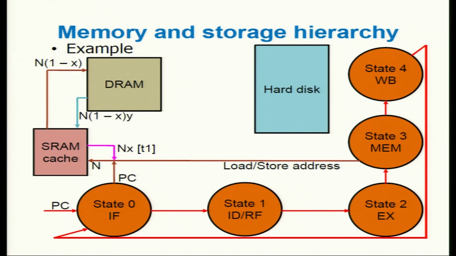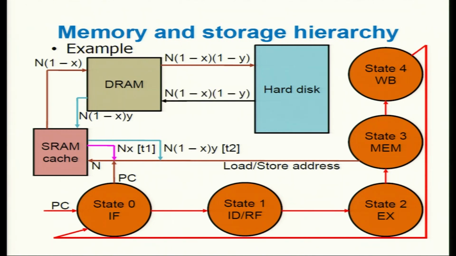The DRAM will be able to supply only a fraction of that, because DRAM also doesn't have everything. We assume that fraction is y, and that would be forwarded back to the processor, and let's say the total round trip time is t2. Whatever the DRAM could not supply will be forwarded to the hard disk, and the hard disk should be able to supply everything.